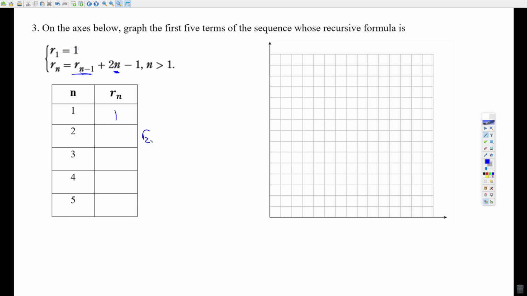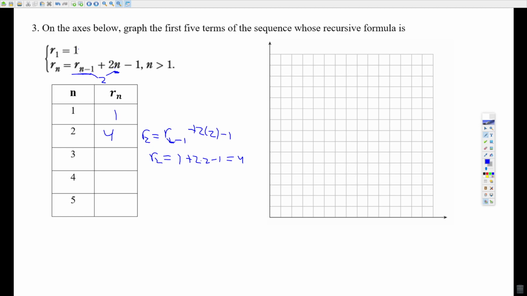I'm trying to find r sub 2, that would be r sub 2 minus 1 plus 2 times 2 minus 1, because 2 would go into all the n's. So that'd be r sub 2 equals your previous term, 1, plus 2 times 2 minus 1. And that would give the answer of 4.